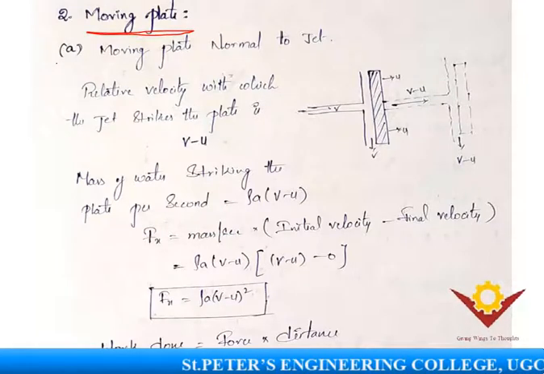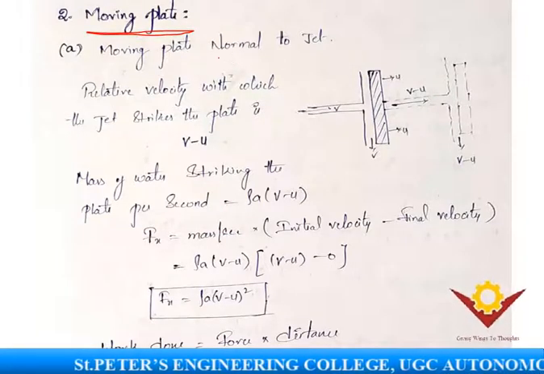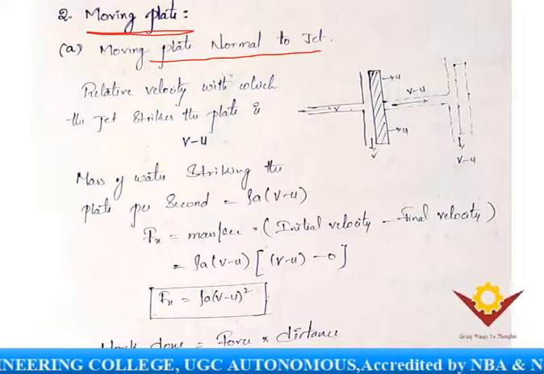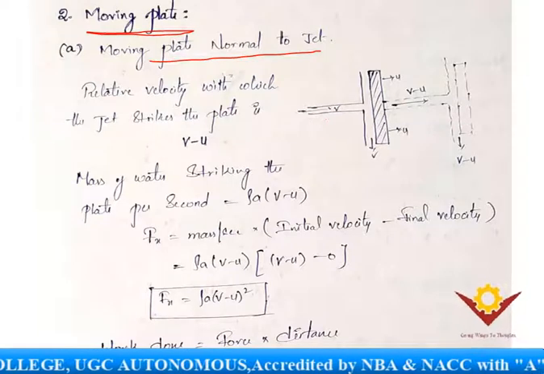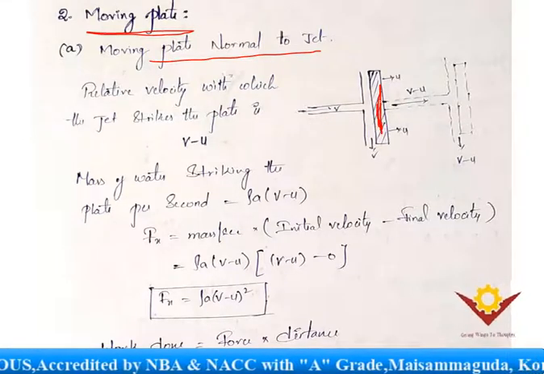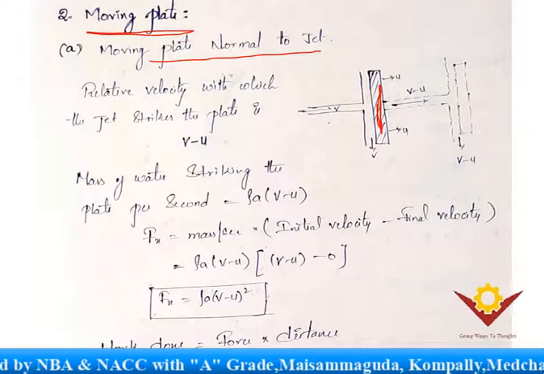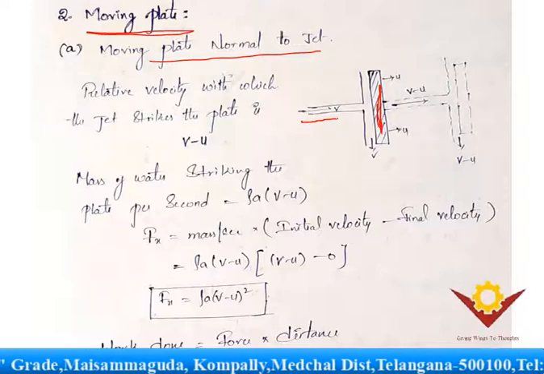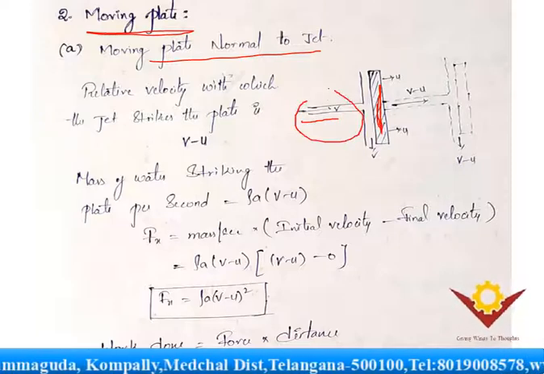The first case in the moving plates: the plate is held normal to the jet. Here you can see the jet with the velocity v, and here the plate which is held normal to the jet. When the plate is here, the velocity of the jet is v.